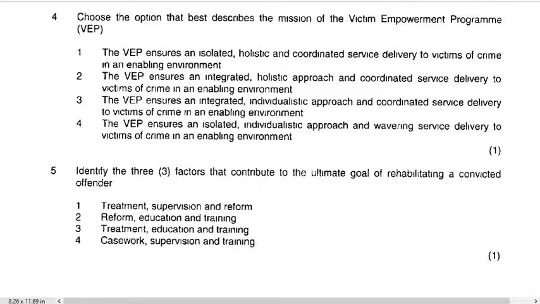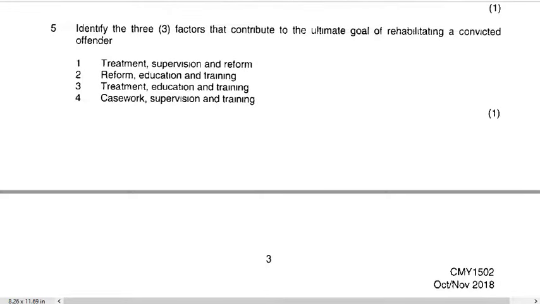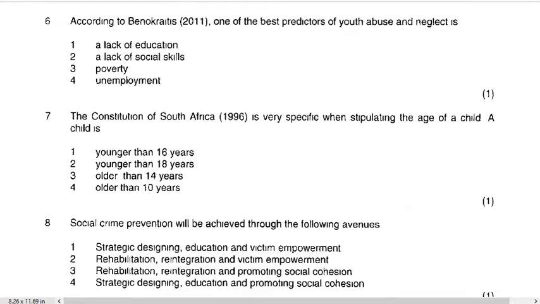Okay, next question. 5. Identify the three factors that contribute to the ultimate goal of rehabilitating a convicted offender. The answer is 3, which is found on page 134, which is treatment, education, and training. 6.